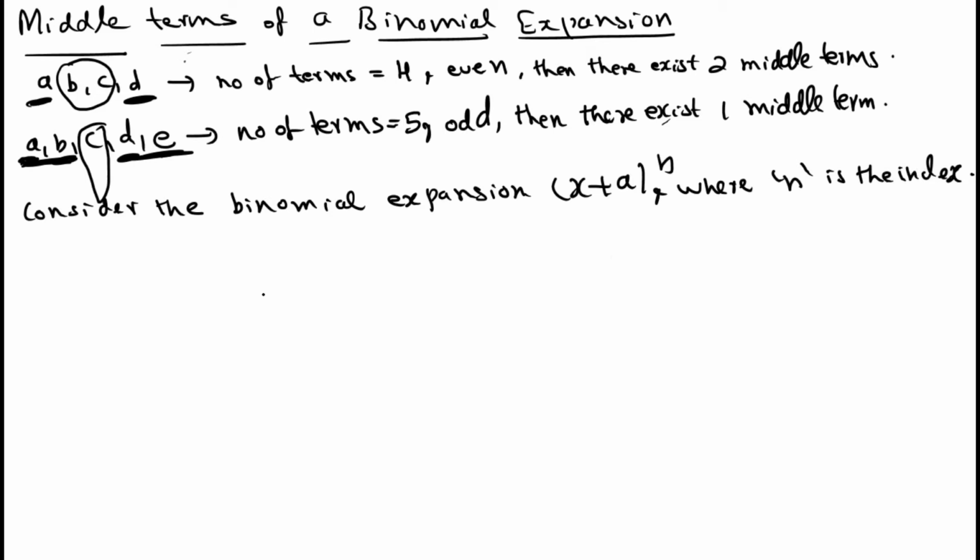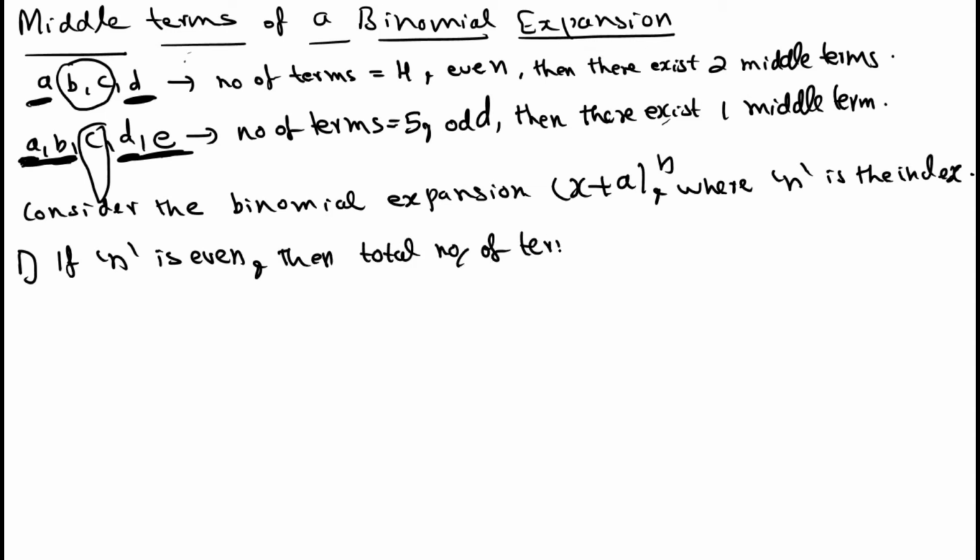Now case 1, if n is even, that means the index is even, then the total number of terms is... Remember the note of binomial expansion. The first note says, in any binomial expansion, if the index is n, then the total number of terms is n plus 1. So I'm taking the first case, index n is even, then the total number of terms n plus 1 is odd, right? Yes or no?